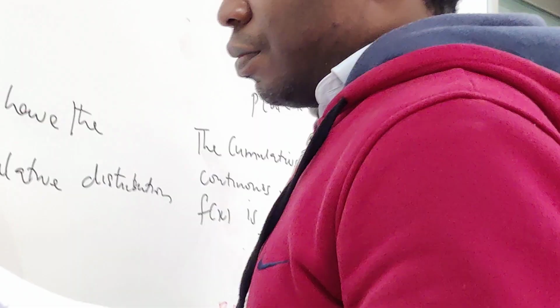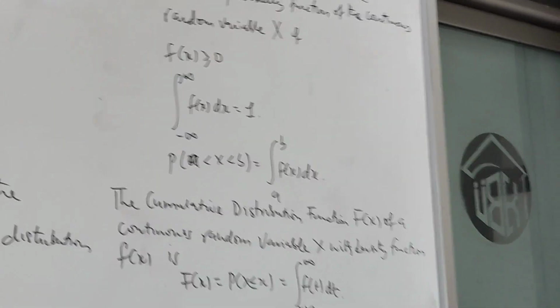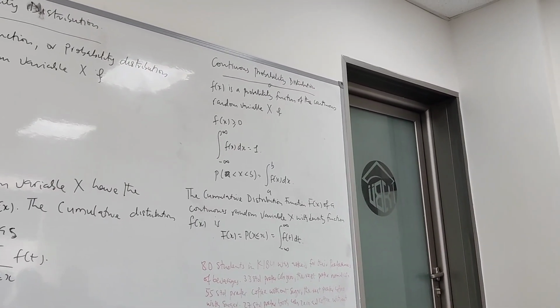Let's see. Therefore, the probability of a less than x less than b is equal to F of b minus F of a.